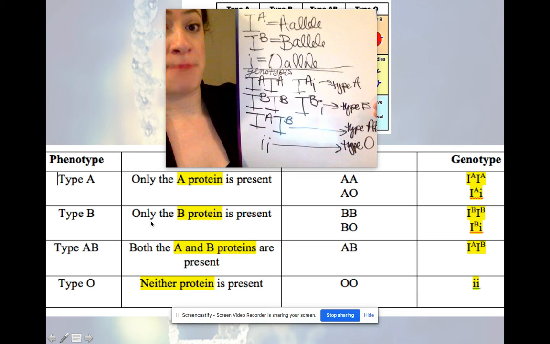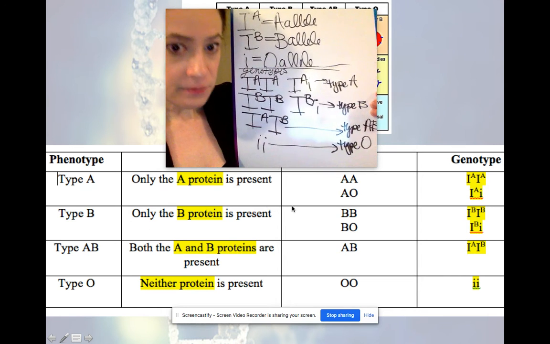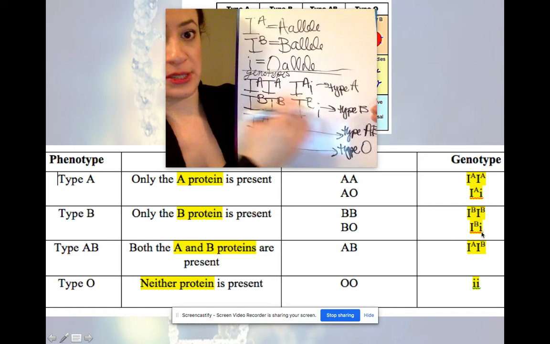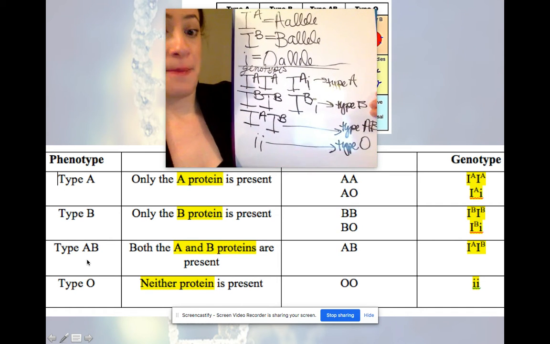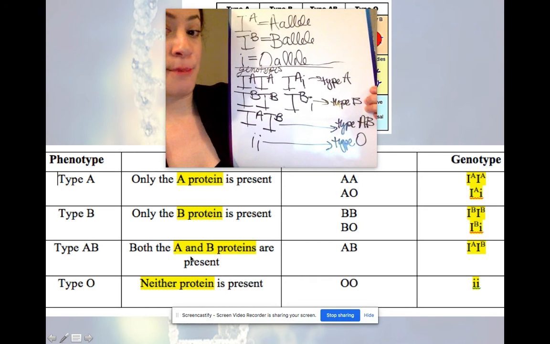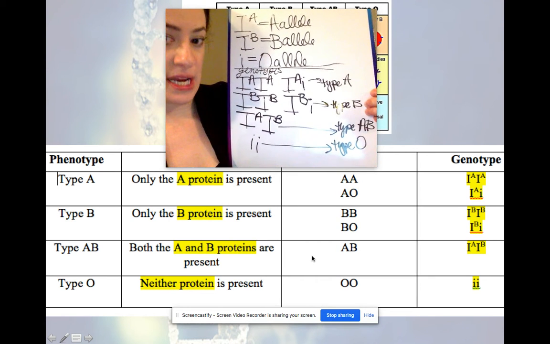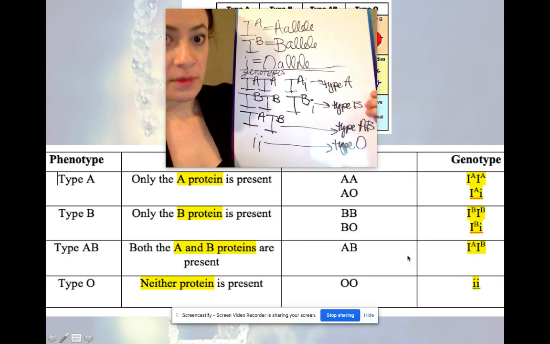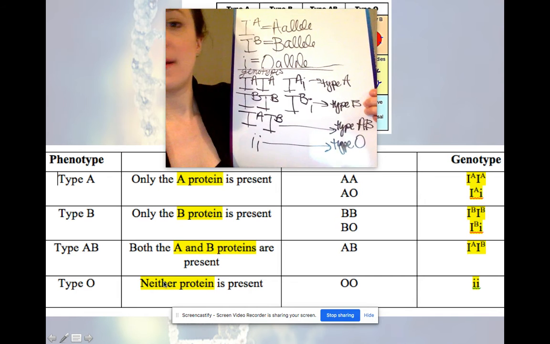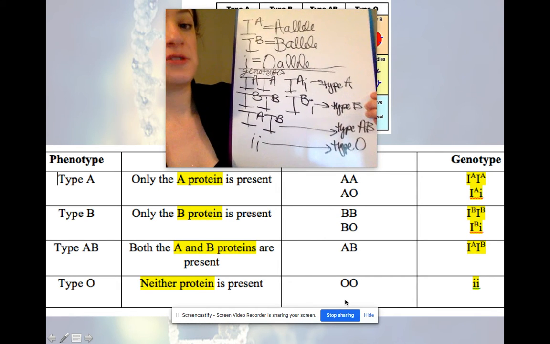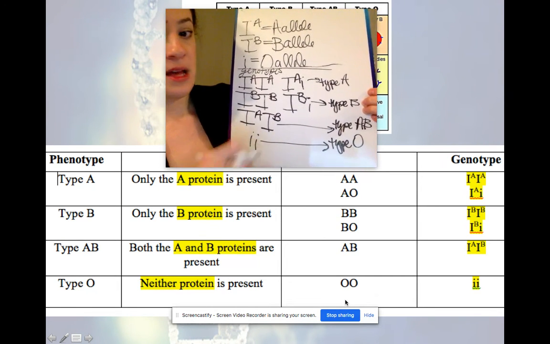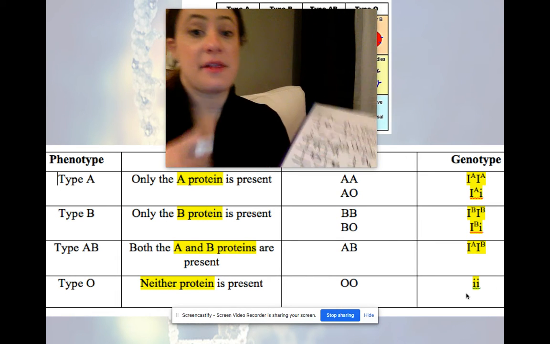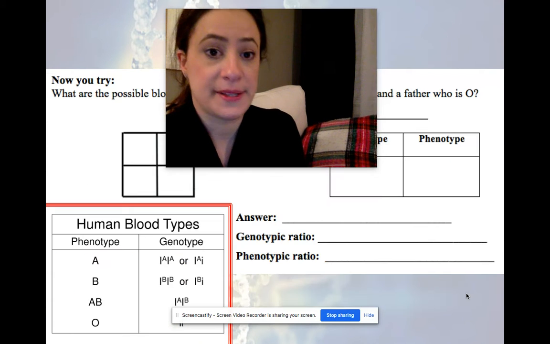If you have type B blood, you have the B protein, and either two B alleles or a B and an O, and those are the genotypes associated with that. Type AB blood, both A and B proteins, so an A and a B allele, and there's the genotype associated with that. And then if you're type O blood, neither protein is present. So you just have two O alleles. And here's the genotype associated with that. So that's how that works for blood typing.